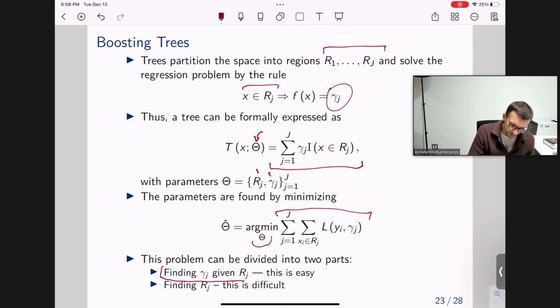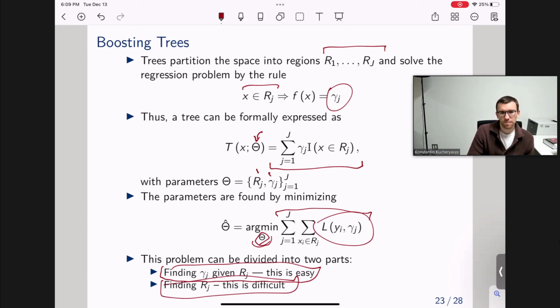Finding gammas for each region, this is easy. If we have already fixed the regions, then minimizing the loss function across each region, we know how to solve this problem. This is what we do all the time. If it's a quadratic loss, then it would be the mean. If it's an absolute value, then it would be the median, and so on. But finding the regions is difficult, and we talked about it already.